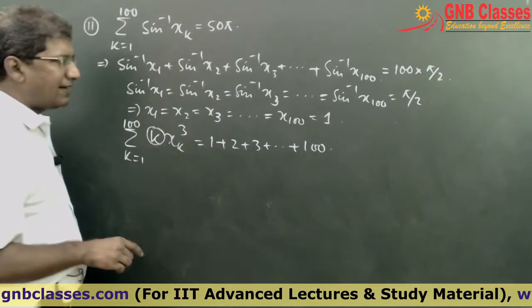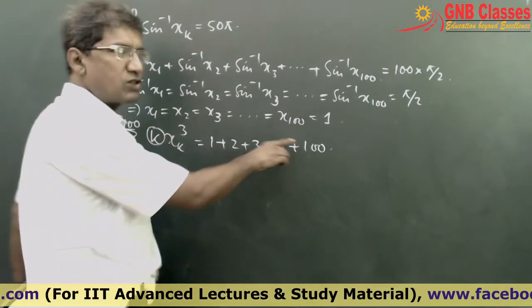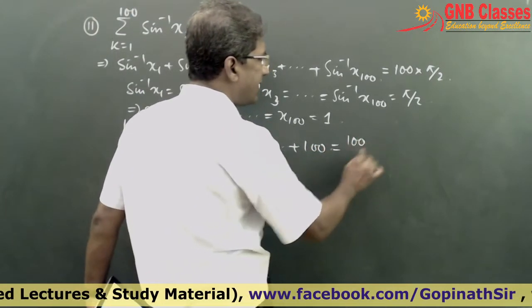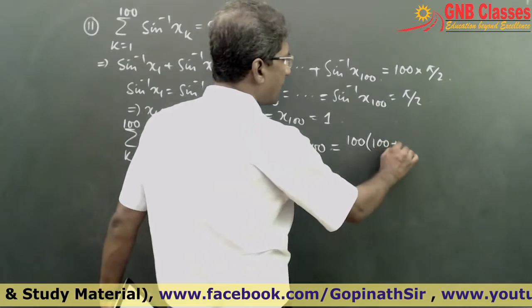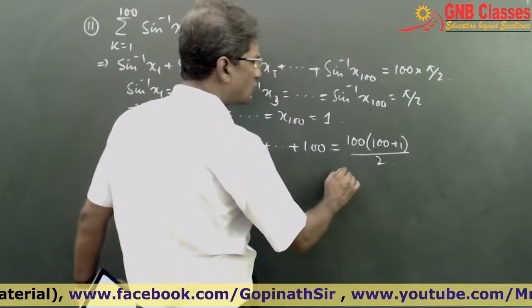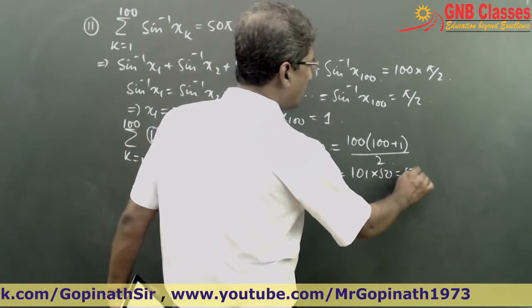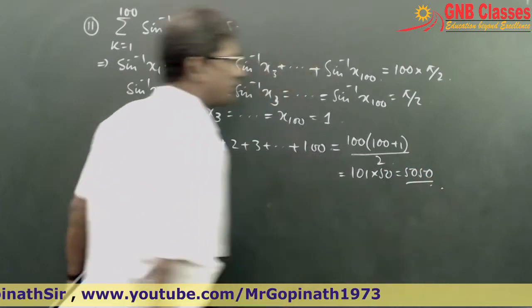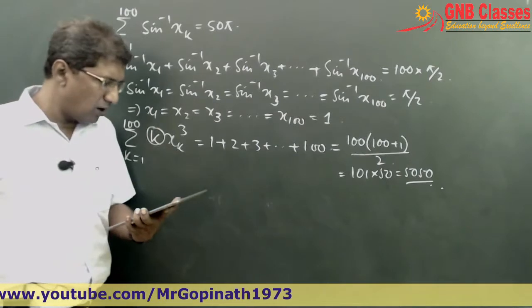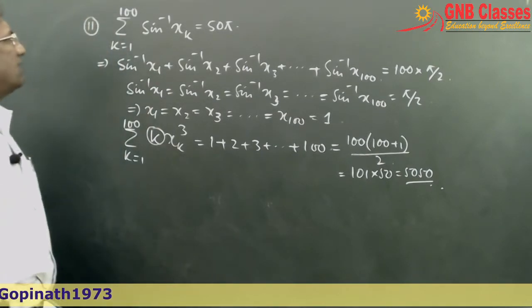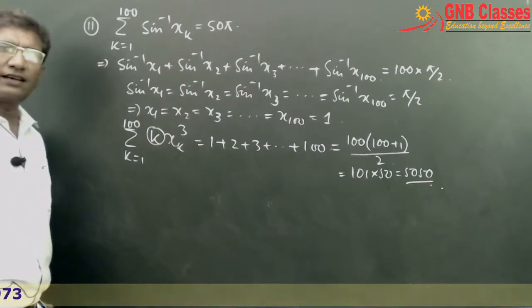Therefore, the final answer will be 1 plus 2 plus 3 plus dot dot dot 100. Add it up. What are we going to get? N into n plus 1 divided by 2, which is nothing but 5050. Is it clear? Therefore, option A is correct for question number 11.